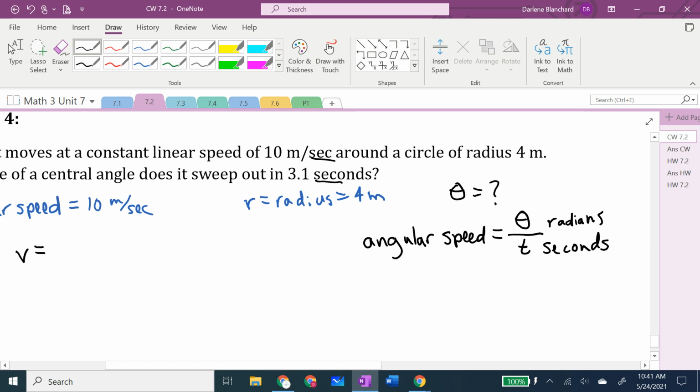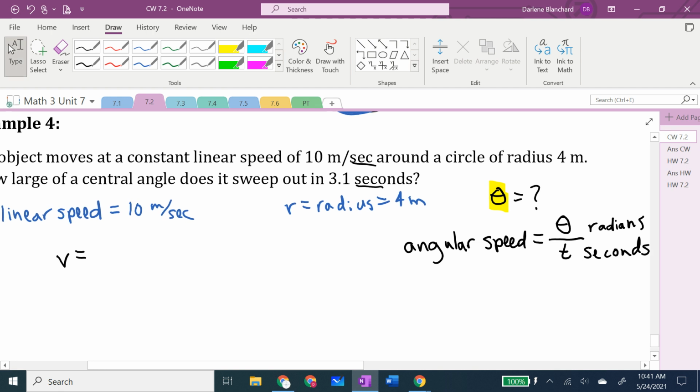So angular speed is how much theta I have over time. The relationship between linear speed and angular speed is multiplying the angular speed by the radius.